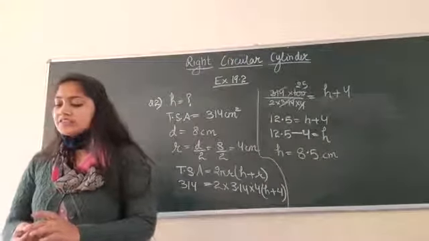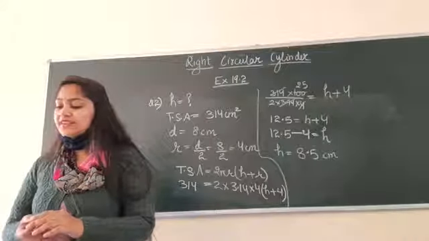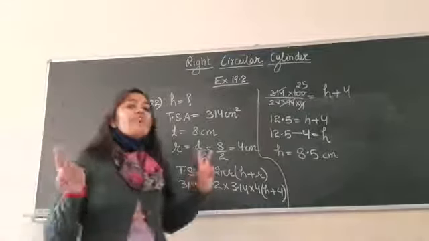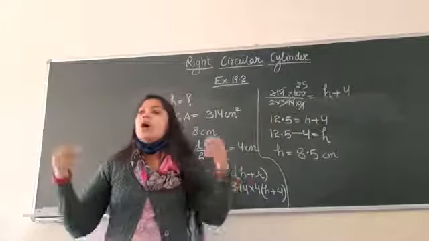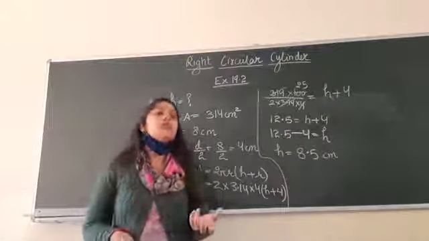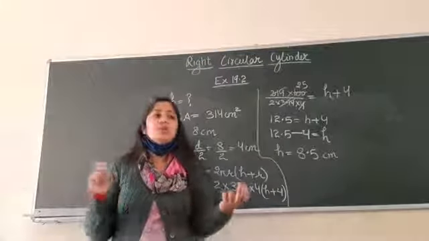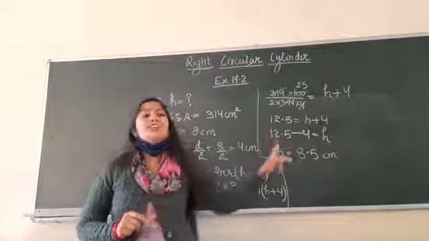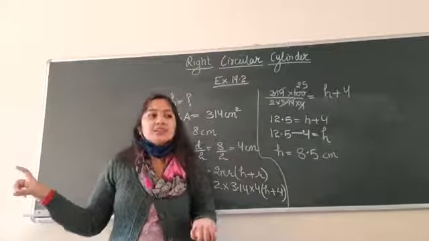So question number 4. The radii of two cylinders are in ratio 2:3. So this time you have two cylinders, and their radii are in ratio 2:3. Whenever things are given in the form of ratio like 2:3, we consider the radius of the first cylinder as 2x and the radius of the second cylinder as 3x.